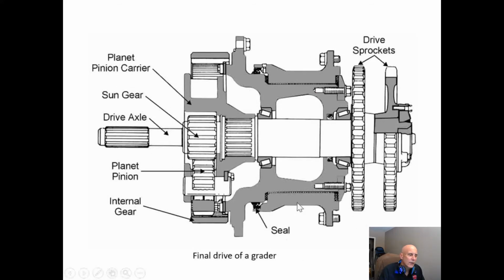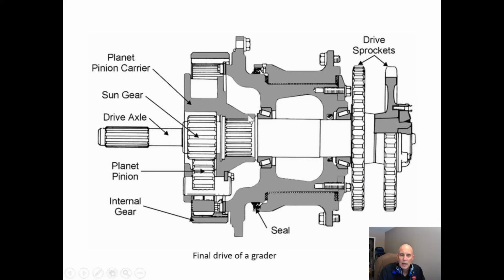If we take a look at, for instance, a grader final drive, again, from our transmission, our crown and pinion is going to drive this sun gear, which drives this planetary gear set. Again, our internal gear is held here all the way around, and this part here is splined to this shaft, which goes out to our drive sprockets.